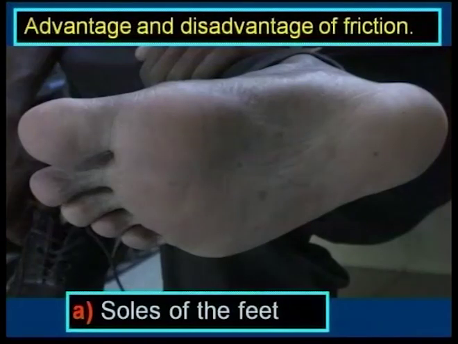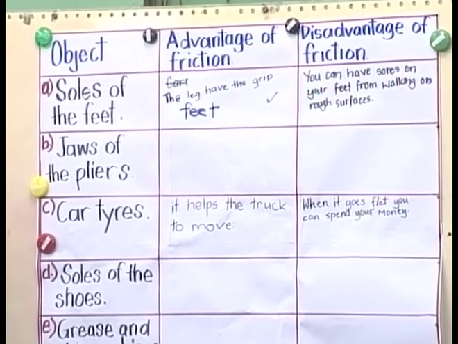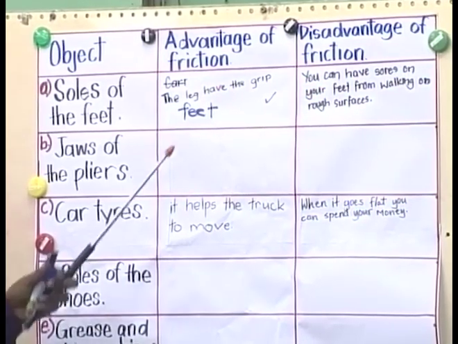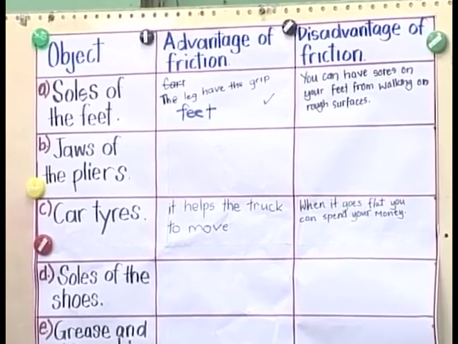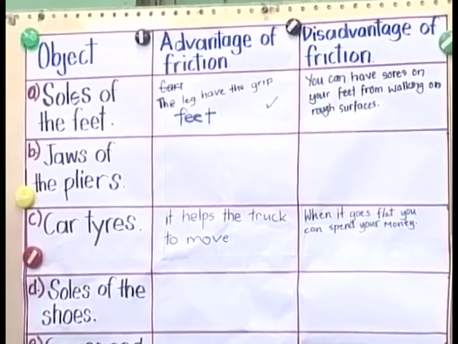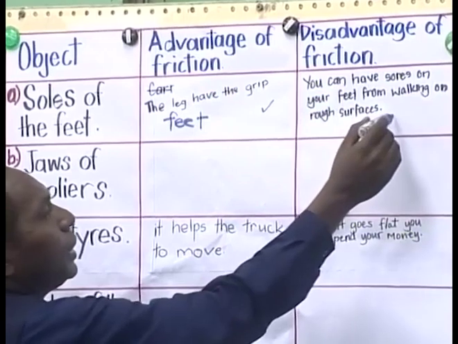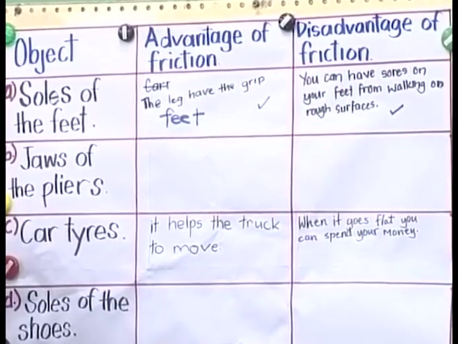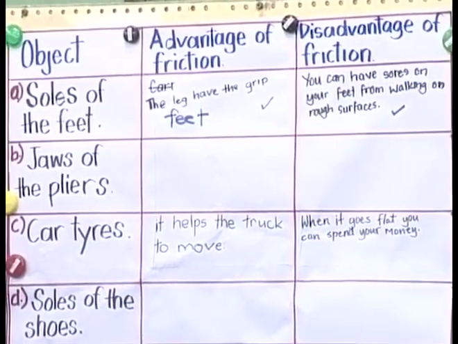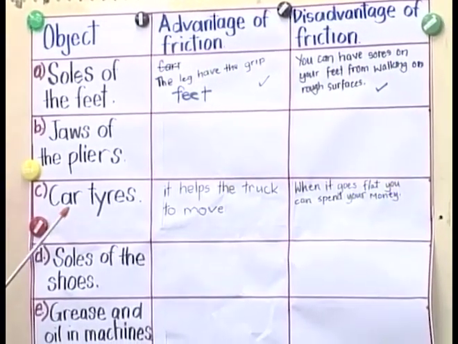And the disadvantage of that friction is that you can have sores on your feet from walking on rough surfaces. And if you have sores on your feet, then you will not walk properly.